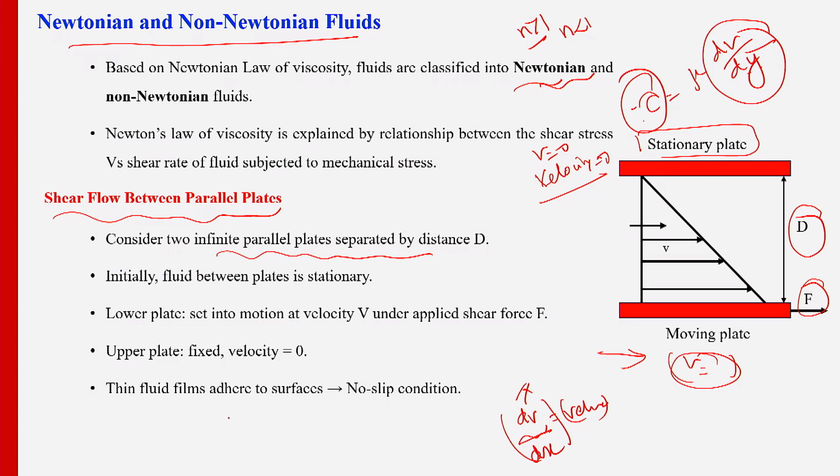Here you can see a graph: velocity here is a maximum, v equal to v max, but wherever the velocity is 0, at the same place the shear stress is a maximum. Where velocity is maximum, the shear stress is 0.